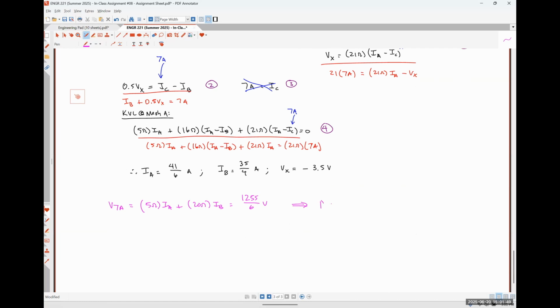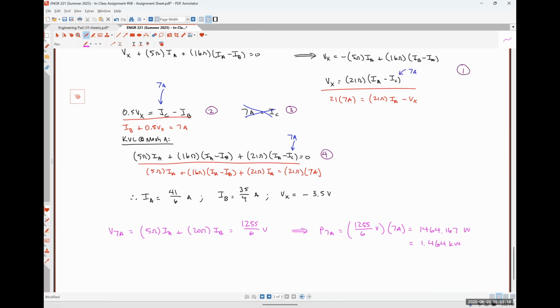And so the power absorbed by our 7 amp source is just 1255 over 6 times 7 amps. Comes out to be 1464.167 watts, or 1.46, excuse me, 4 kilowatts.